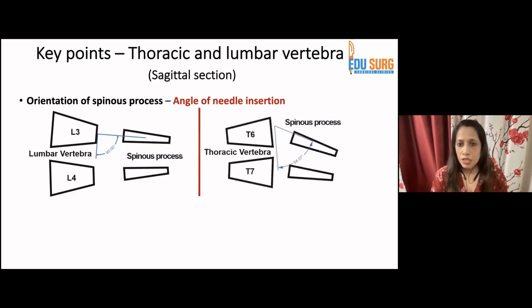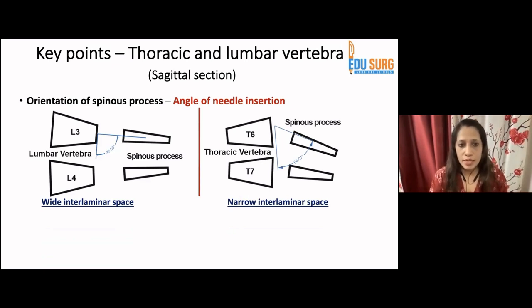On the other hand, if you see the thoracic vertebra, the direction of the spinous processes is more acute. So your needle direction will be more acute, and the space between the two is also less. So the technicality is more difficult in the thoracic compared with the lumbar vertebrae for epidural analgesia.